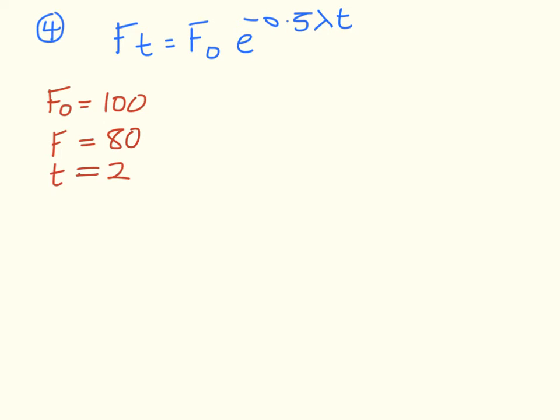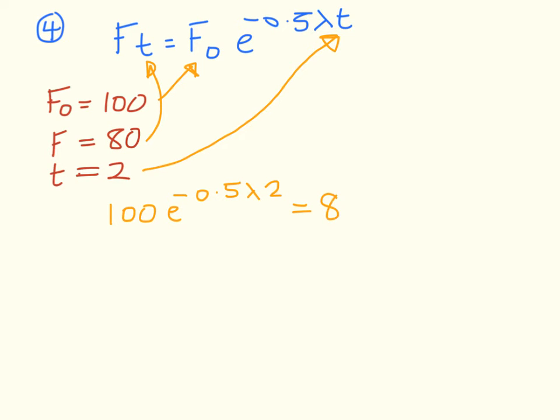Okay, here we go, question 4. The question tells us that f0 is 100, that f is 80 when t is 0.2. So we can plug each of these numbers into that formula. So that gives us 100 e to the negative 0.5 times that lambda symbol times 2 is equal to 80.